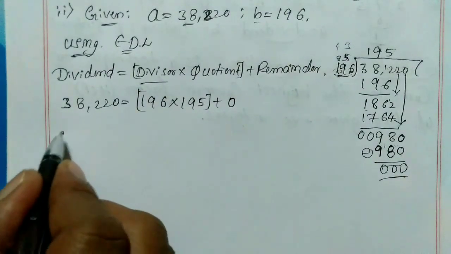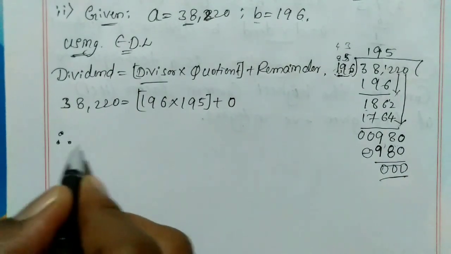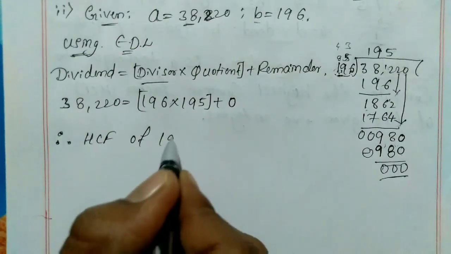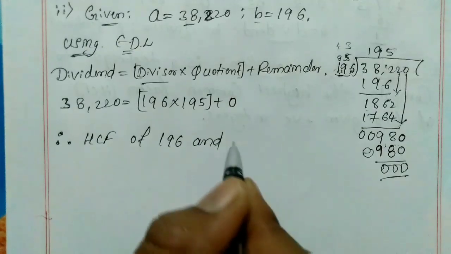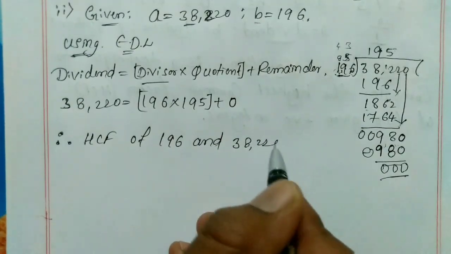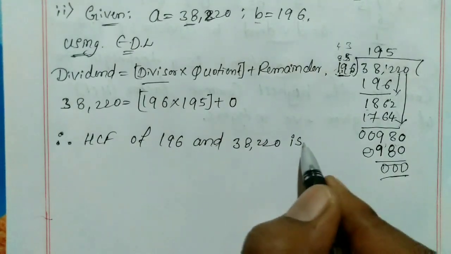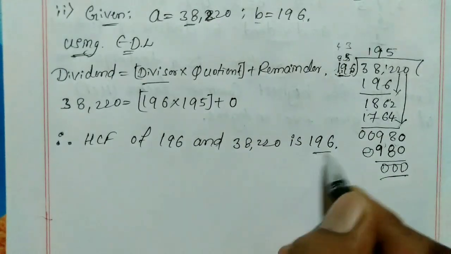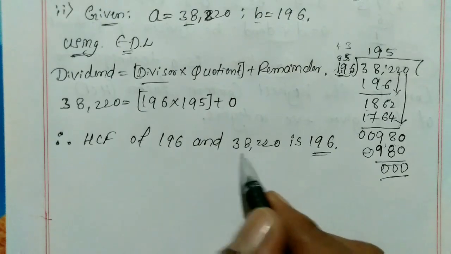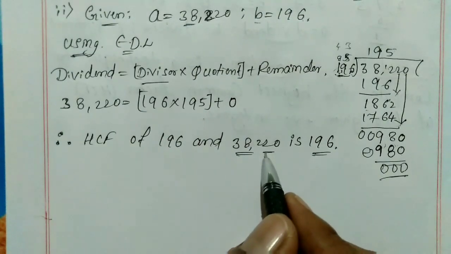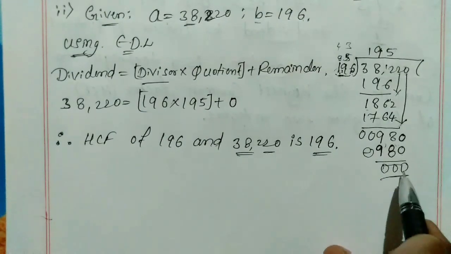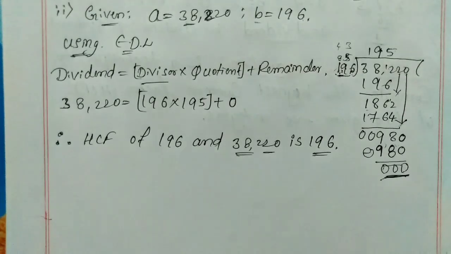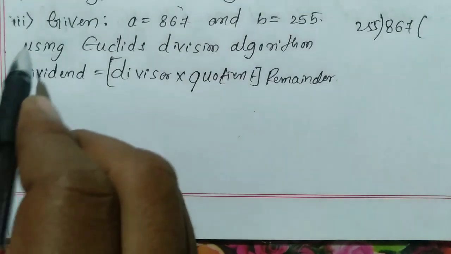Okay, so next you can write therefore HCF of 196 and 38,220 is 196. So 196 is the HCF of 38,220 because you got here remainder 0. Right, so next I will go to the third one.